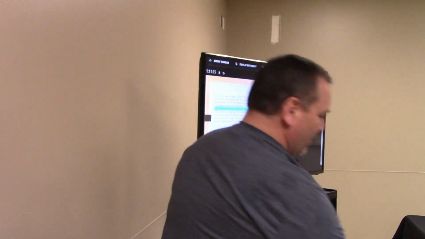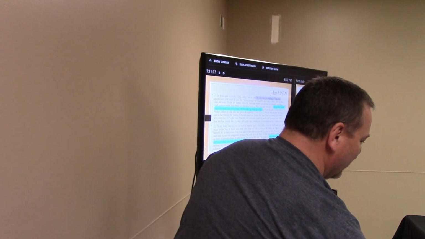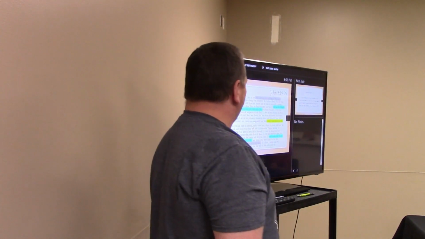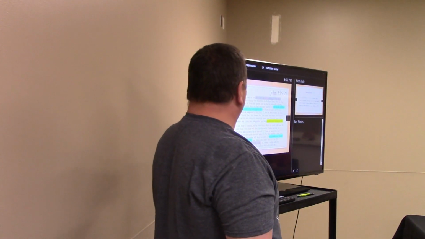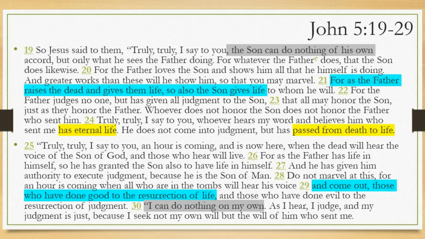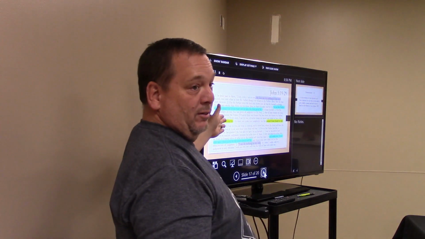All right, let's go on. This is in verse 24, has eternal life, passed from death to life. Eternal life, death to life, and guess what? There's your center.